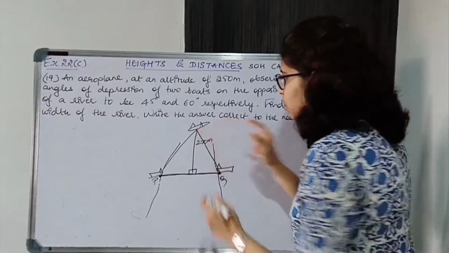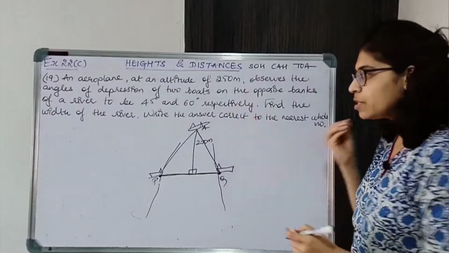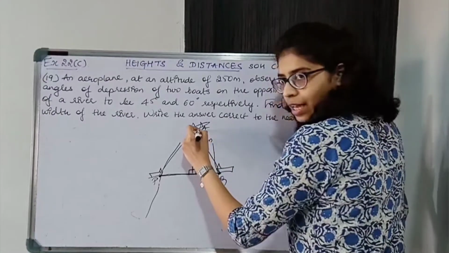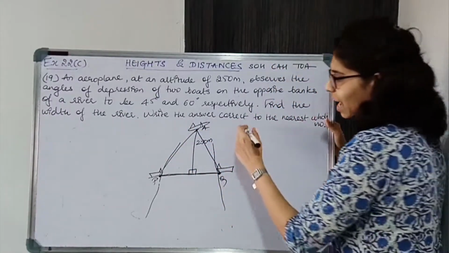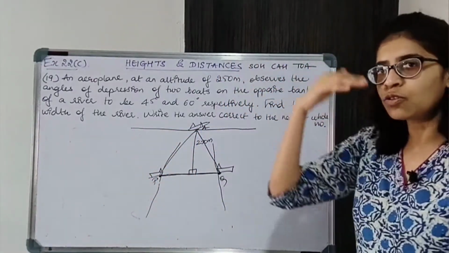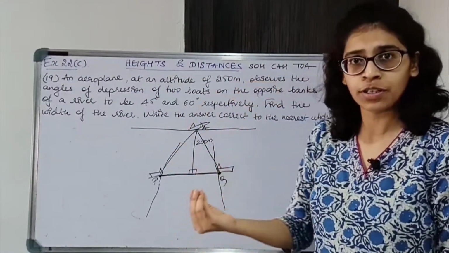Now let this point be A. From some point on the plane you are observing, so let this point be A. Now from A there are lines of sight, but is there a horizontal? No, so we have to draw the horizontal. From the point where you are observing, from the point where there is line of sight, you have to construct a horizontal.